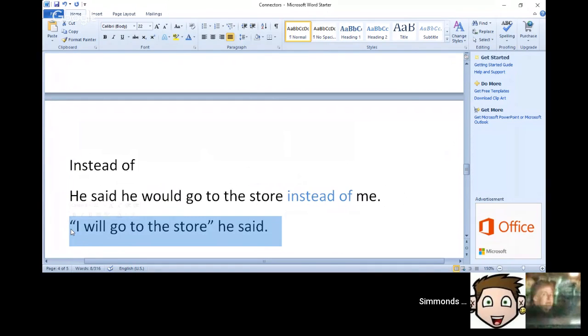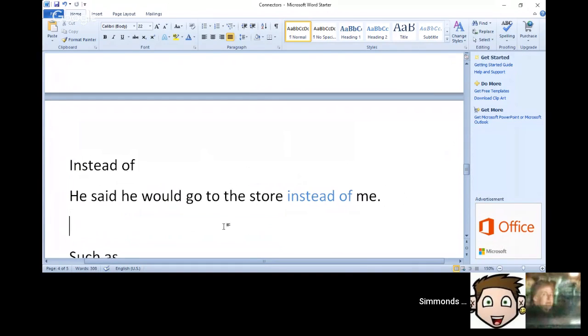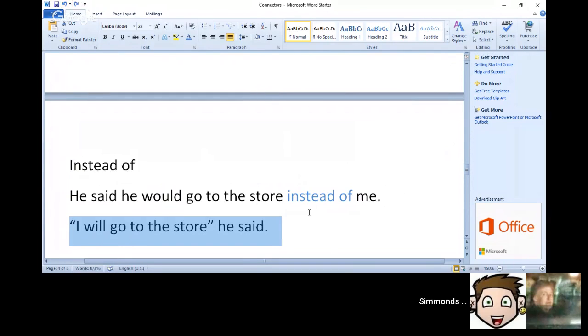Any questions before I delete this? So in the direct speech, would doesn't make sense. "I would go to the store," he said. It depends on the context. I would go to the store instead of you, but if you want to go, you can go. It would be more of a hypothetical kind of situation, that he's not really going.